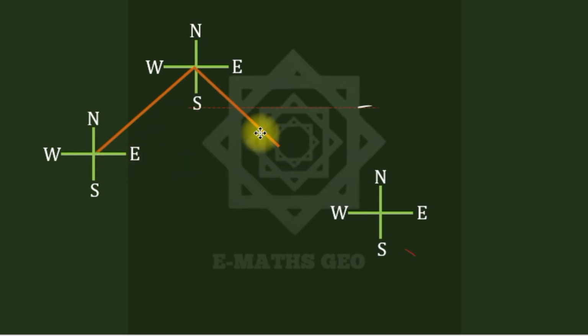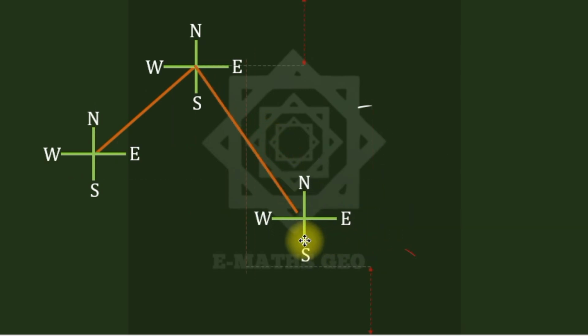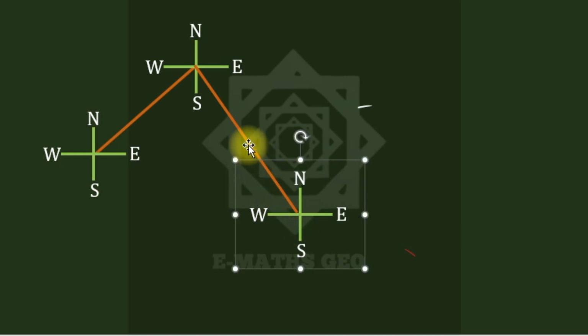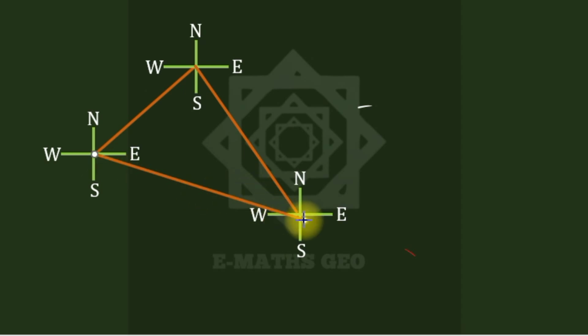So 150 will be here, and it will go down because it's more. We are now asked to find the distance from here to here.